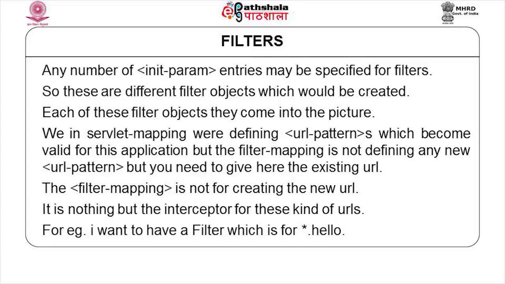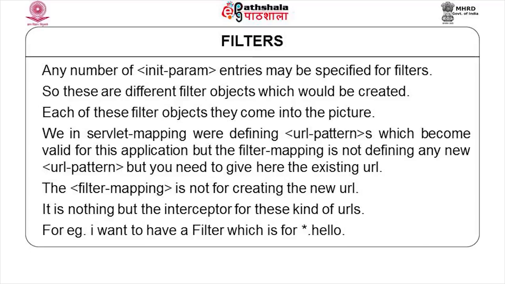It is not creating a new URL. It is kind of an interceptor for these kinds of URLs. For example, I want a filter for star.hello. If someone is trying to use any kind of hello, I would like the request to go through this filter. I want the filter to be applied before the request can even start to be processed by a servlet.